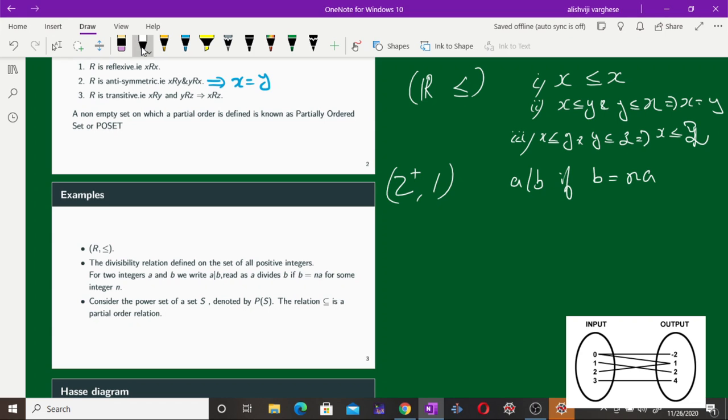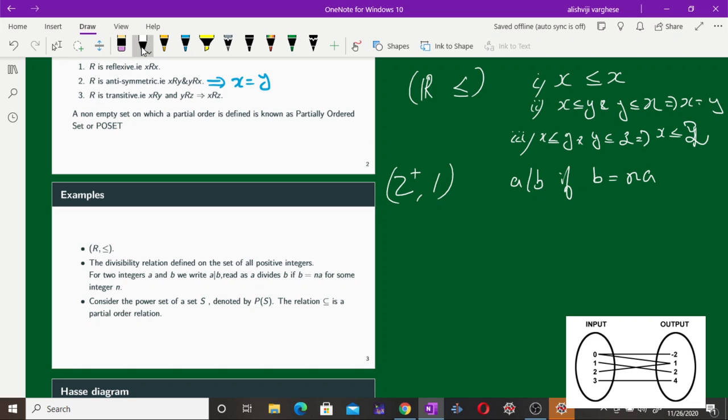For example, we can say that 2 divides 4 or 3 divides 6, and it's obvious that 2 does not divide 7. That is how the divides relation works. If we define the divides relation on the set of all positive integers, then it will work as a partial order relation.